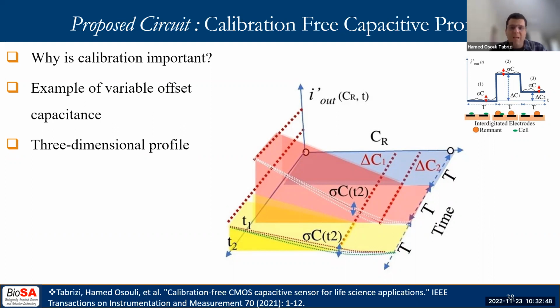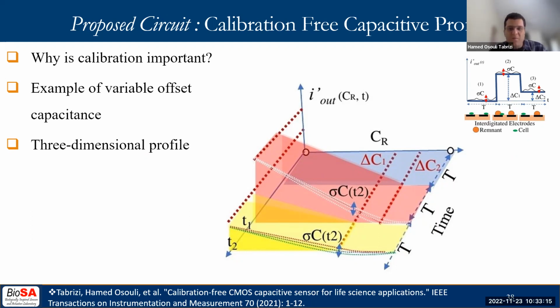The proposed technique relies on performing multiple measurements with all reference values and then some data analysis. Such a technique is visualized in this figure, where variation of output current as a function of reference capacitor has been plotted over time. Different offset values are then reflected at different times in the generated 3D plot.